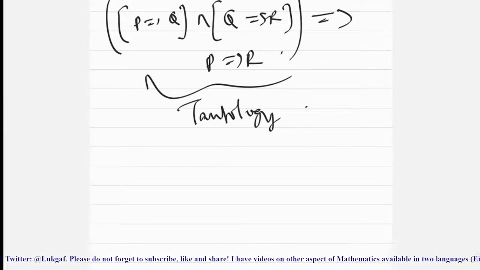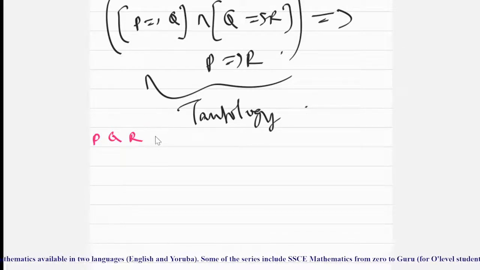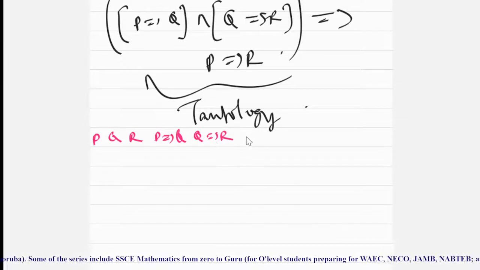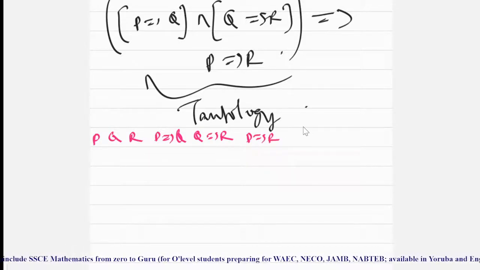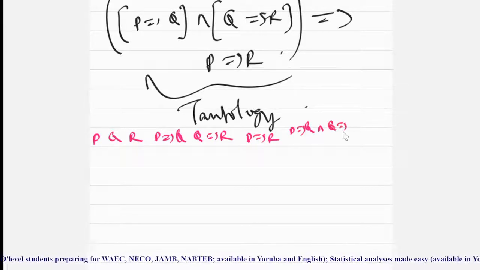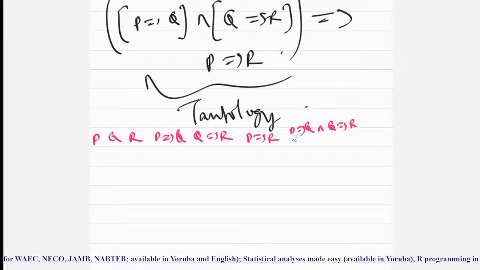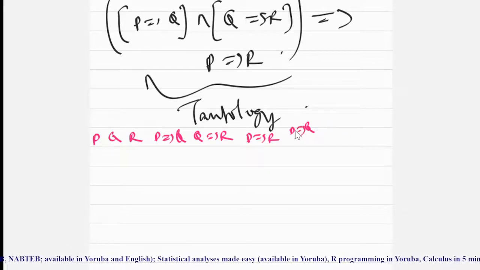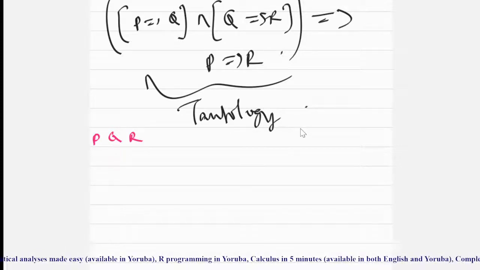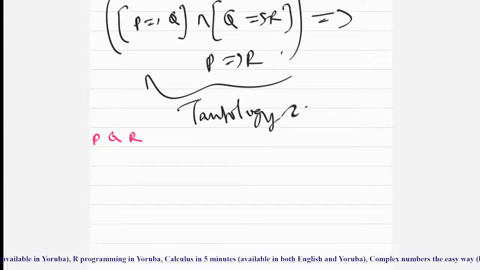We have three propositions: your P, your Q, your R. P implies Q, Q implies R, P implies R. Then we have P implies Q and Q implies R. Let me rewrite it smaller so that the space can contain it.